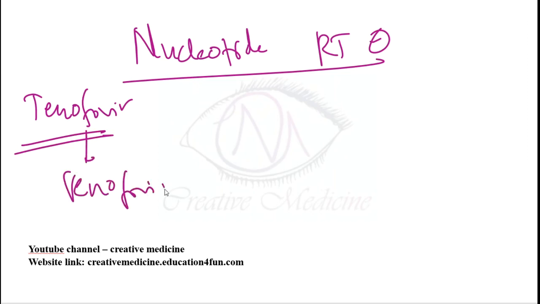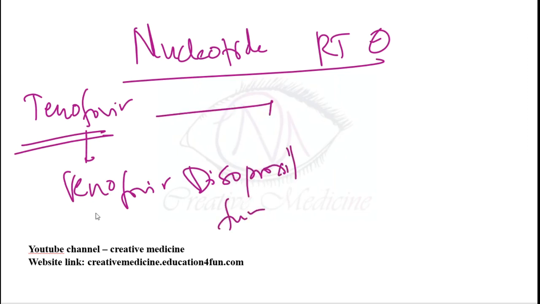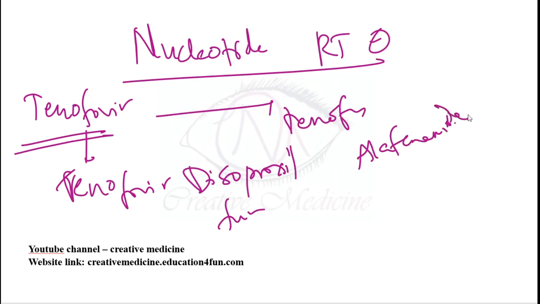One is tenofovir disoproxil fumarate, and the second is tenofovir alafenamide. This tenofovir alafenamide has less renal and less bone side effects.